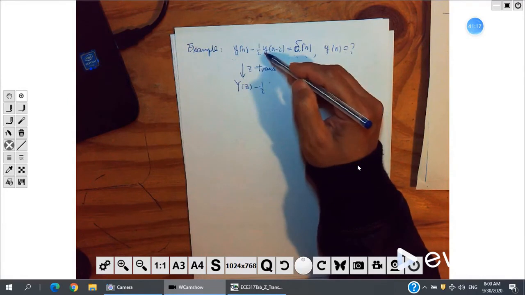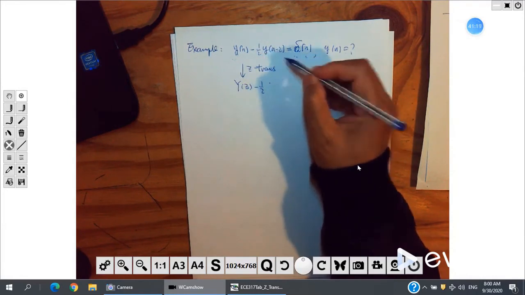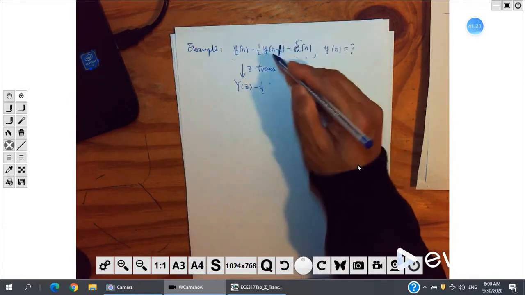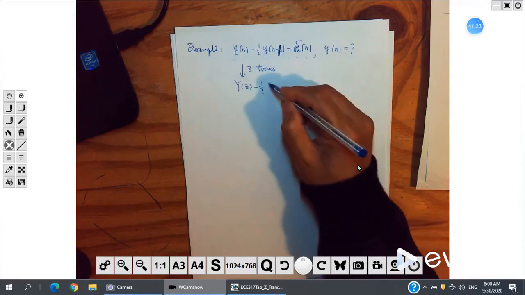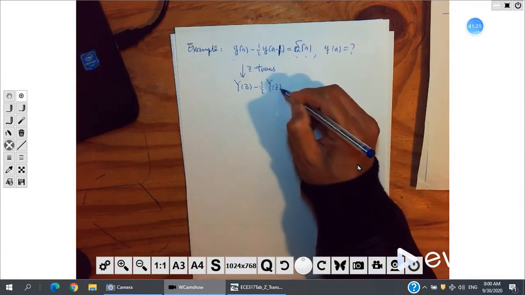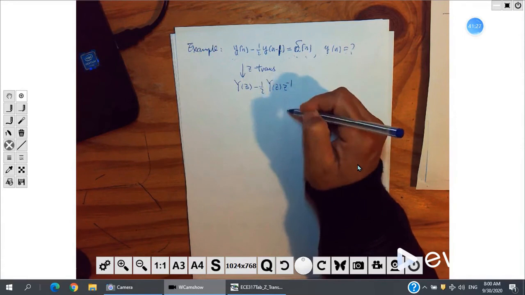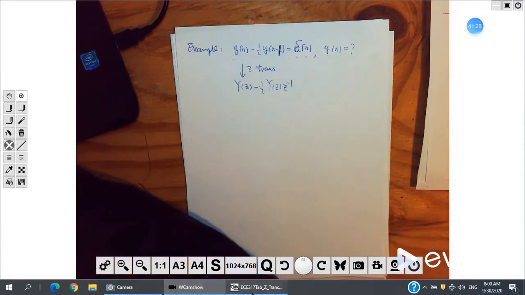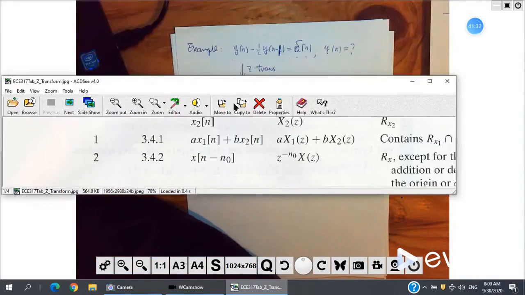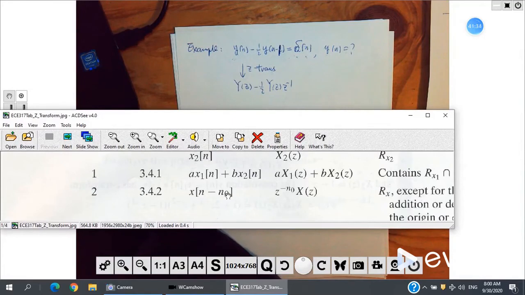Y of n minus 1 will go to capital Y of z times z to the negative 1, based on this feature. Here is a shift by 1, then you multiply by a power of z on it. This n minus 1 here is negative 1, so z to the negative 1.